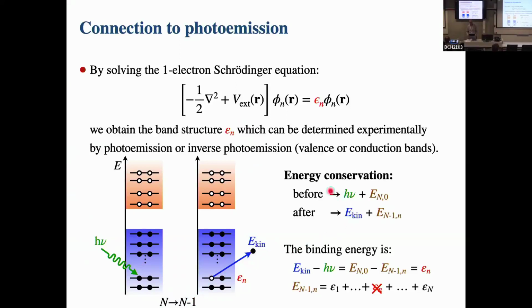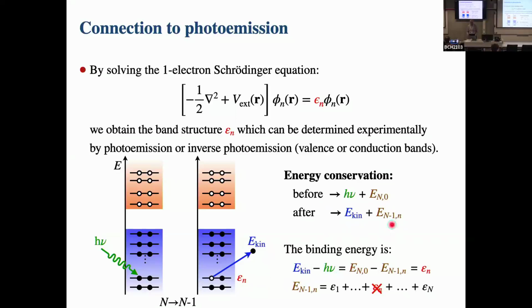And so if we look at energy conservation, before, on this side, we have the photon plus the system of n electrons in their ground state, and we end up with an electron which has kinetic energy and the system of n minus one electrons in an excited state n, referring to the eigenvalue En here.